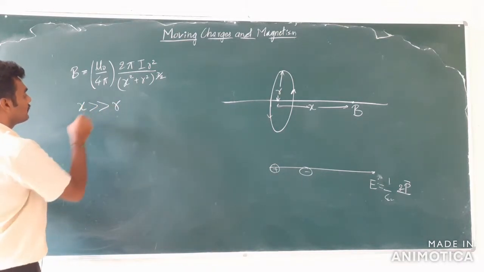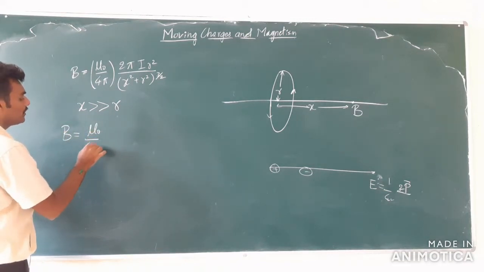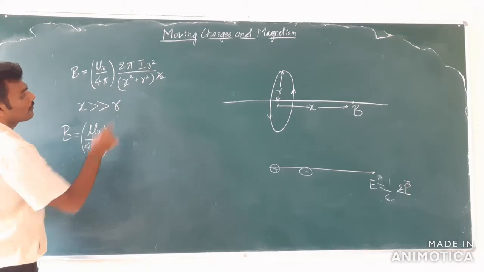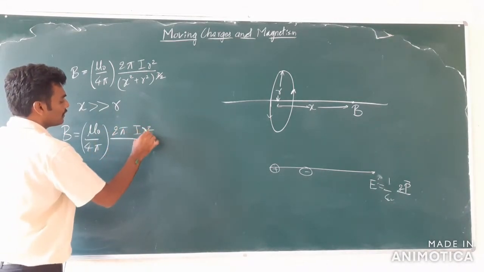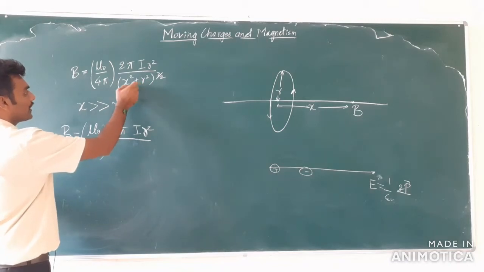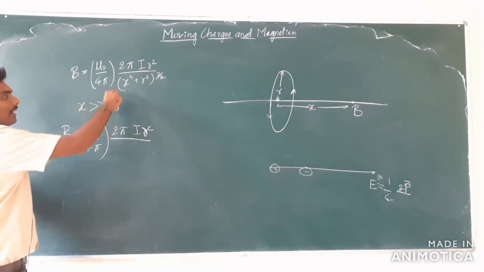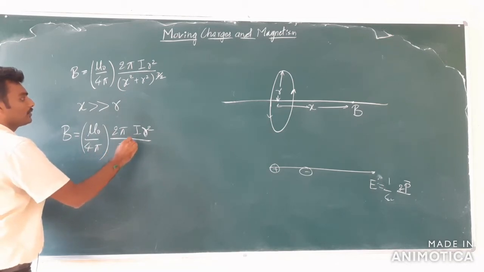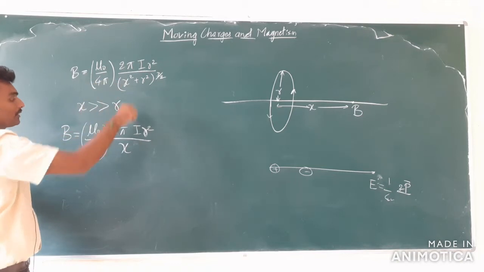For this condition, the expression becomes B is equal to mu naught by 4 pi into 2 pi I r squared divided by, see, out of these two, r squared becomes negligibly small compared to x squared, and hence the expression would reduce to x squared to the power of 3 by 2. 2 and 2 cancels.